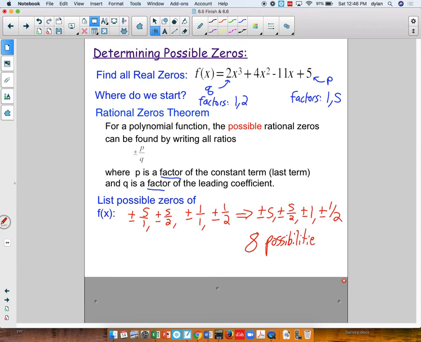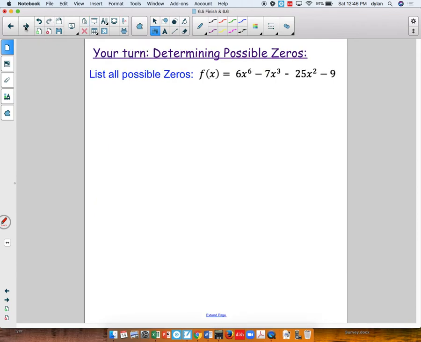And we know that at most, we could only have 3 possible zeros for this function, and we may even have less than that, because some of them might be imaginary. But we can use synthetic division to check our 8 possibilities and see which ones actually are zeros for this polynomial. So let's look at another example of this.